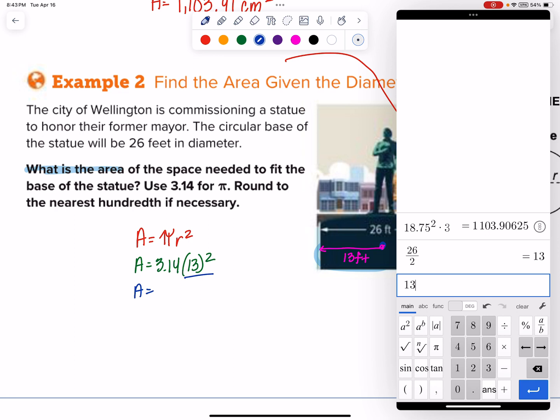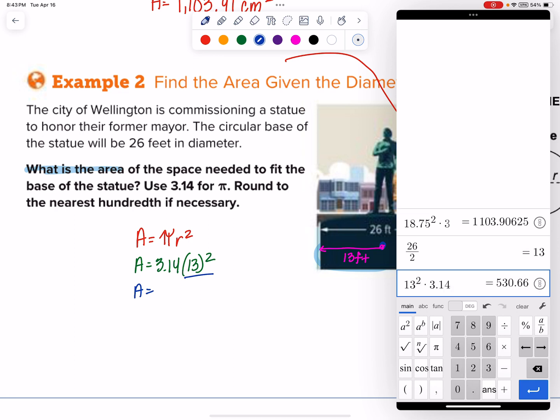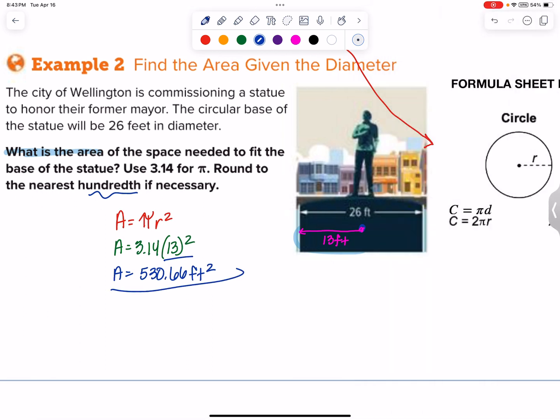So we have 13 squared and then times the 3.14, okay? 530.66, rounding to the hundredth, we're double checking, and it's in feet squared, okay? All right, that's it for this one.